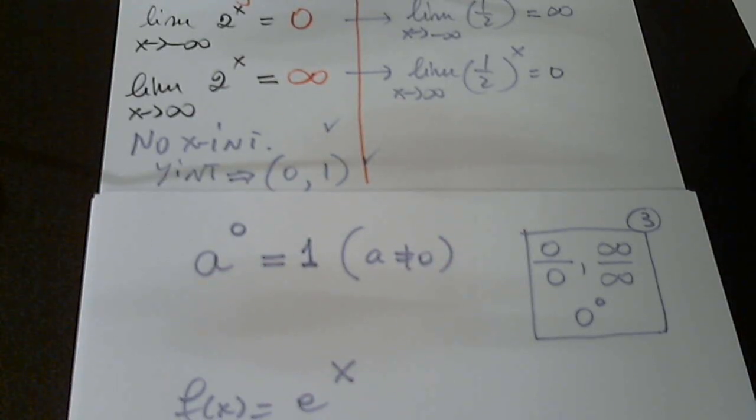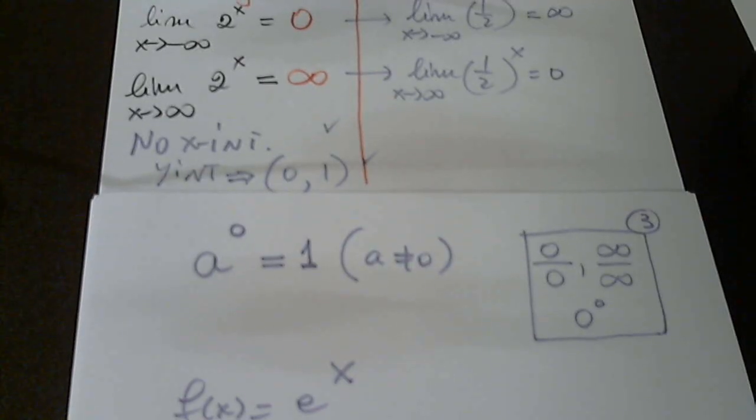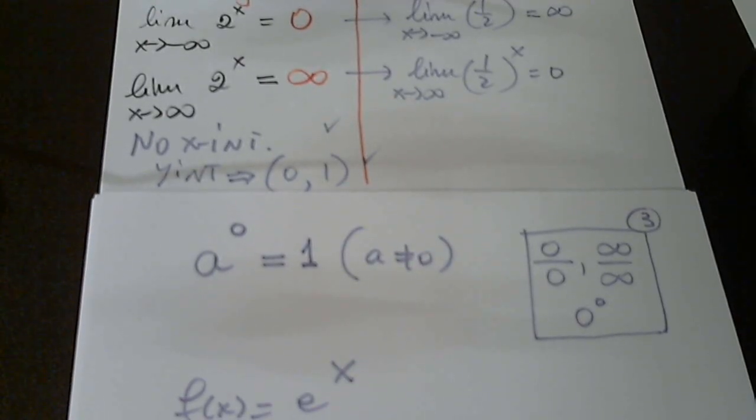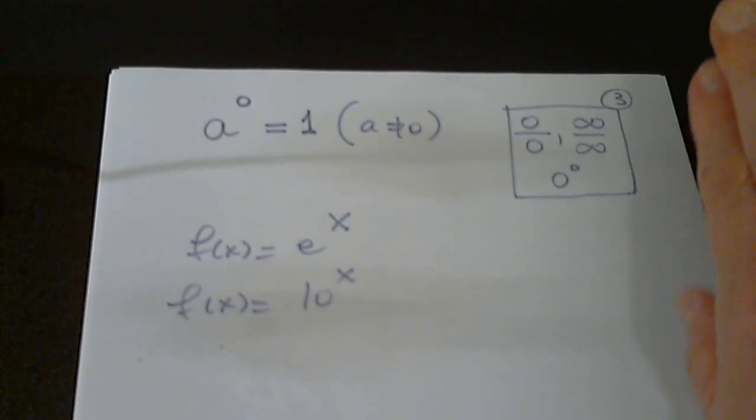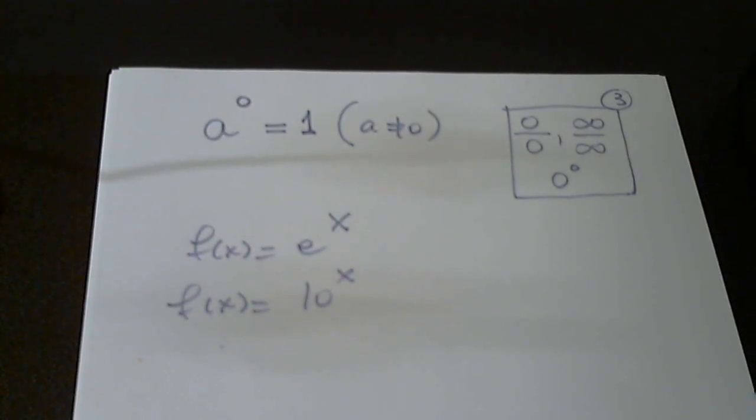This mathematician came up with e, because he found that this base fits a lot of real life situations. E to the x models a lot of different real life phenomena. So this is your e.